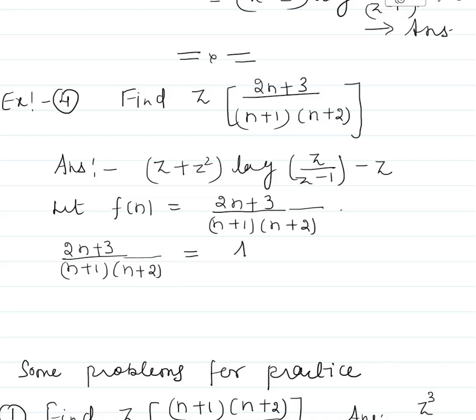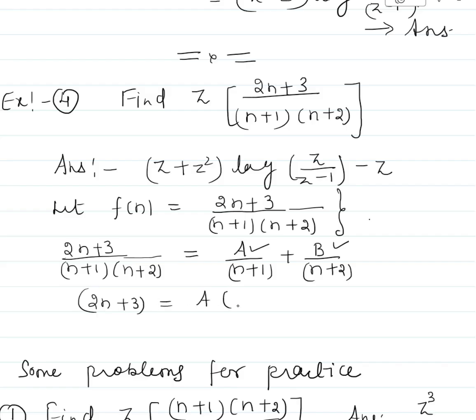This equals a upon n plus 1 plus b upon n plus 2. These a and b are the unknowns for this particular function. Now, taking LCM, we get an equation like this: a(n plus 2) plus b(n plus 1), and the denominator cancels after taking LCM.